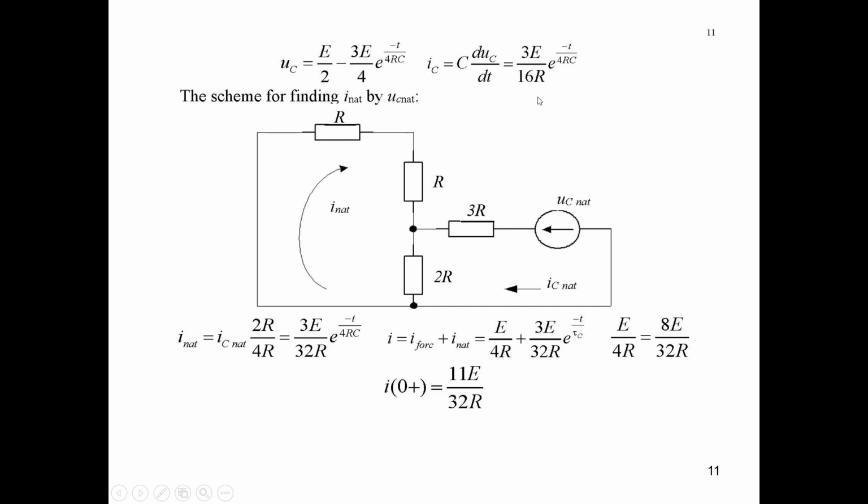So we will have only the natural component, and it is equal to the derivative of this item by time multiplied by C. So if it is necessary to determine natural components in other branches, we should use either UC natural or IC natural as a source, and we can use here the method studied in the previous semester, when we can present current in each branch as a sum of partial currents from each source.